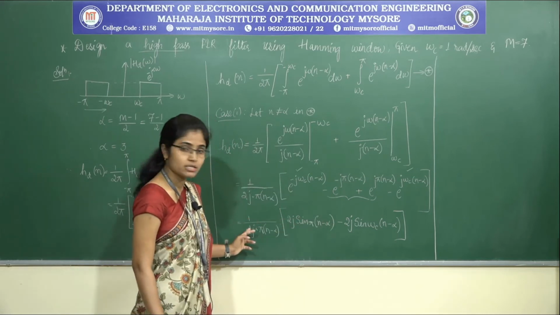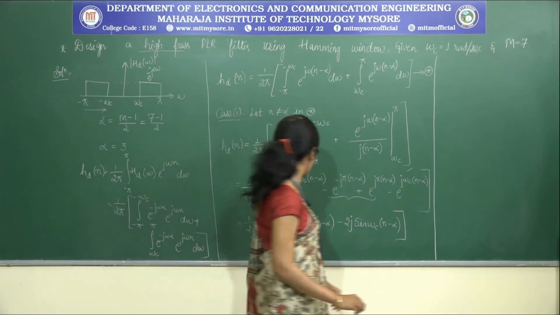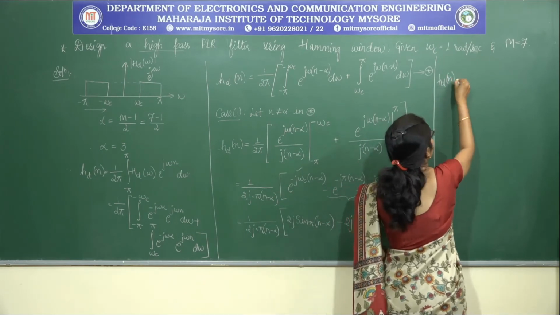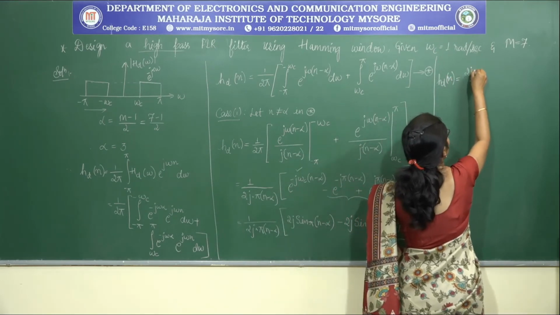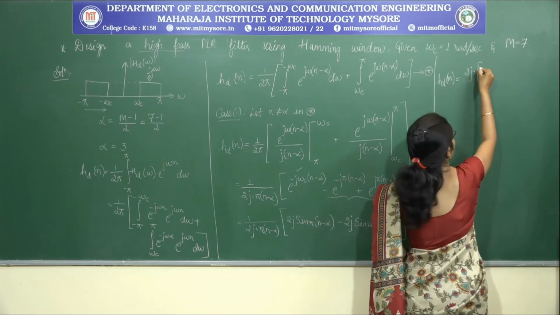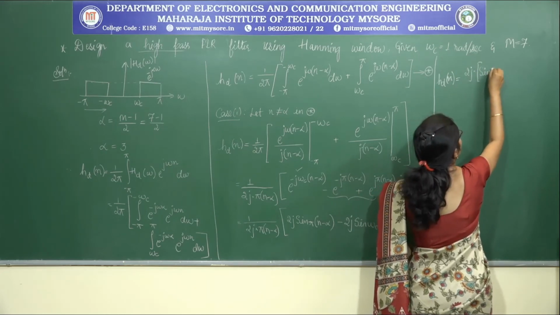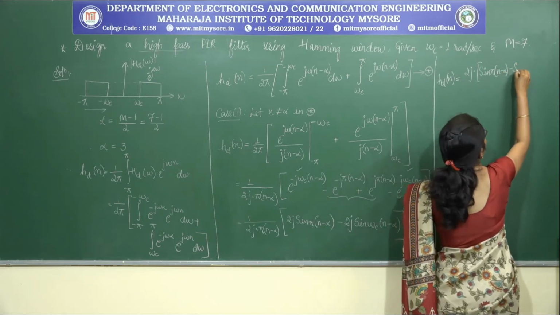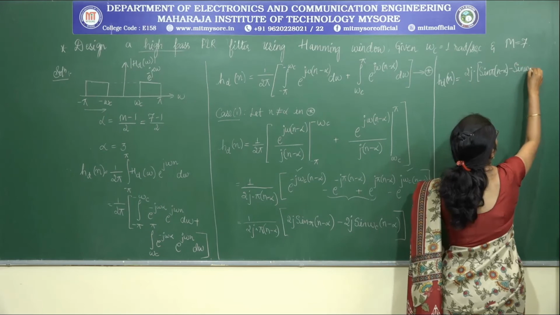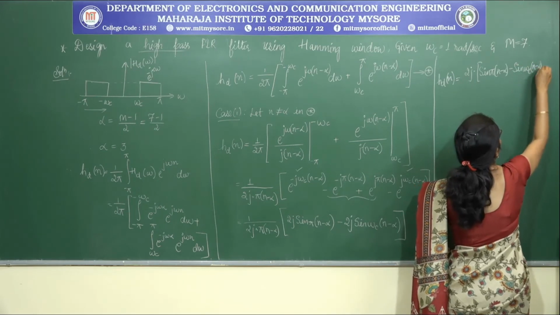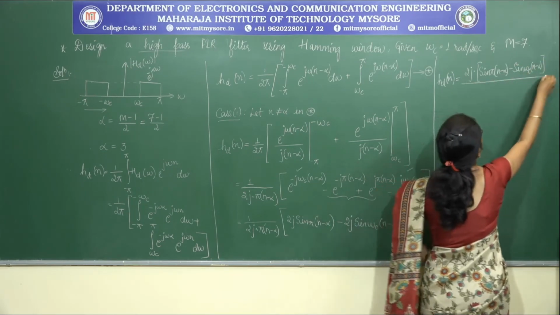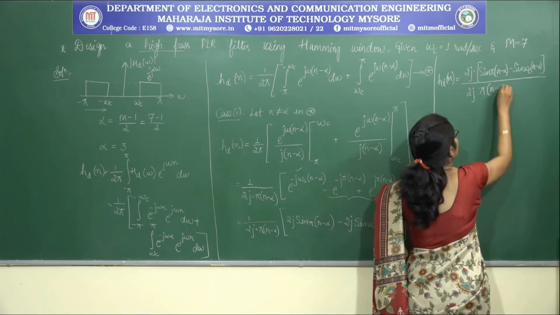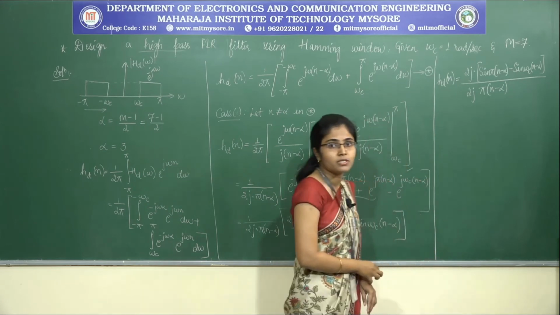Now I can take 2j as the common factor. So the equation for h_D of n will be equal to 2j into [sin π(n-α) - sin ω_c(n-α)] whole divided by 2jπ(n-α). Okay, hope this is clear.